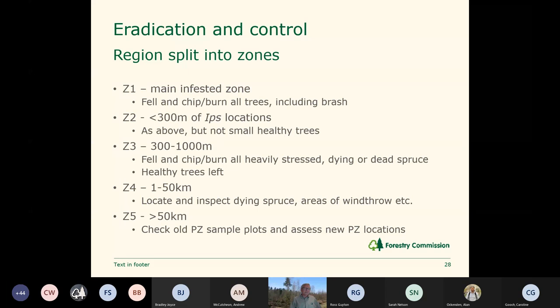So there was a series of ongoing surveillance surveys of one way and another. Everything on the main infested zone, the materials were felled, chipped on site, all the brush was burnt on site, all the stumps were lowered and burnt on site, and there was an endeavour to rake up and burn all the litter layer, because as I mentioned, the insect can overwinter in the litter layer in huge numbers.